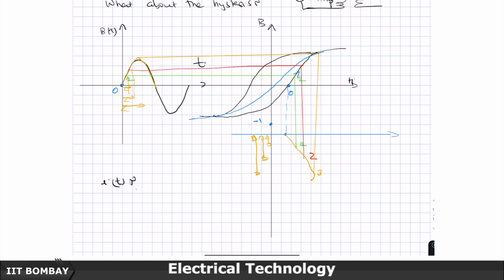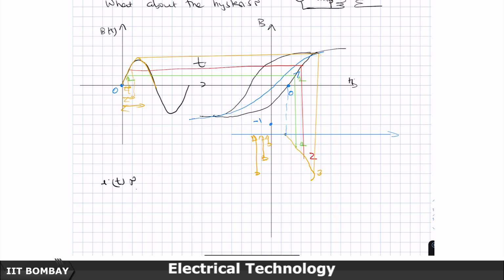While going back, you can see that if you are somewhere here, there is a higher current here, but on the return trajectory there is a lower current here.